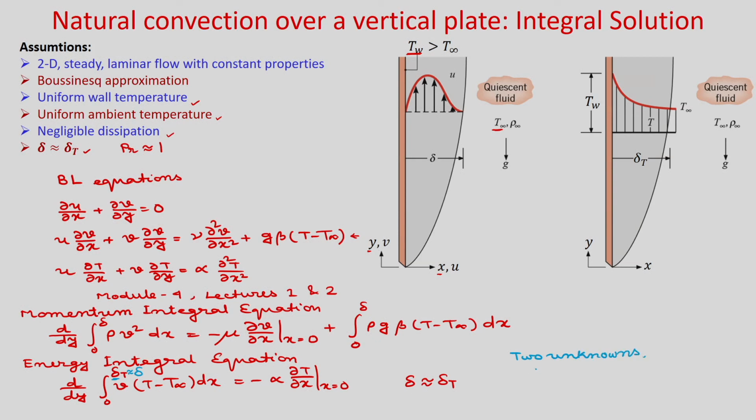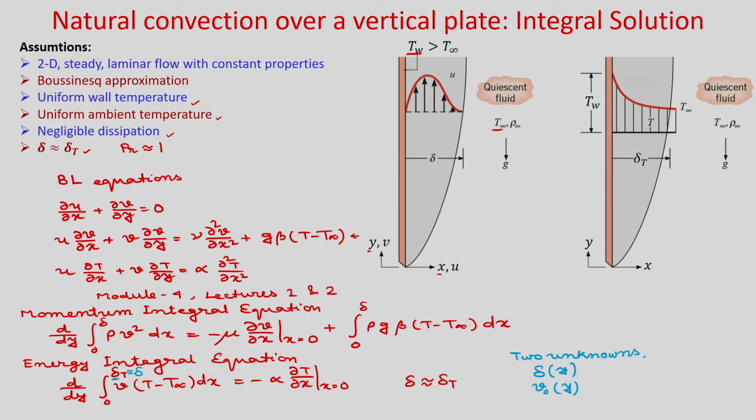One is delta, which is a function of y, and another is the unknown velocity profile, some velocity v naught, which will be derived later and will be a function of y. So, these are the two unknowns. We will use these two integral equations and solve for delta of y and v naught.